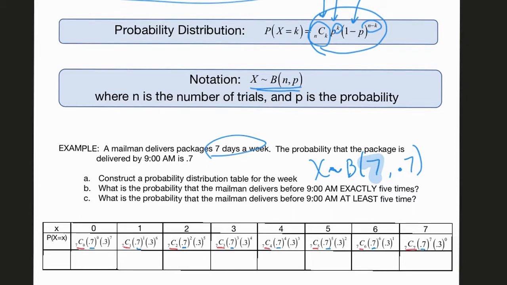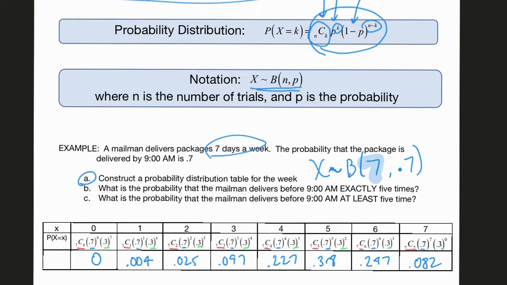And then this is the probability of it not being before 9 a.m., and each of those exponents is descending. You could break out your handy dandy calculator and figure out each one of those. I am going to fill those in right now. And now that it's filled in, that's part A. I just did part A.